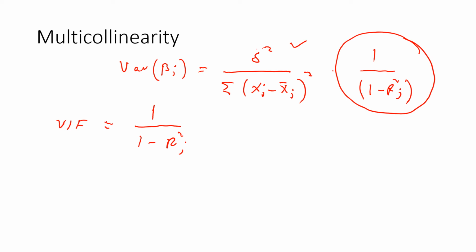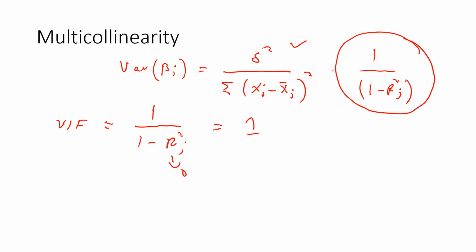So let's say that if R squared is equal to 0, then the value of VIF will equal 1, because 1 over 1 minus 0 is equal to 1 over 1, and finally 1.